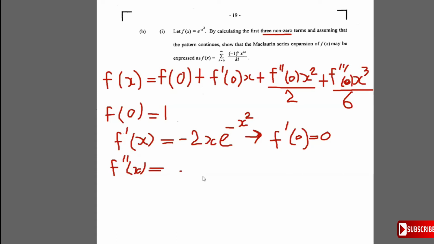So I keep the first, which is minus 2x, times the differential of the second, which is minus 2x e to the minus x squared, plus I then keep the second, which is e to the minus x squared, times the differential of the first, and the differential of the first is minus 2.